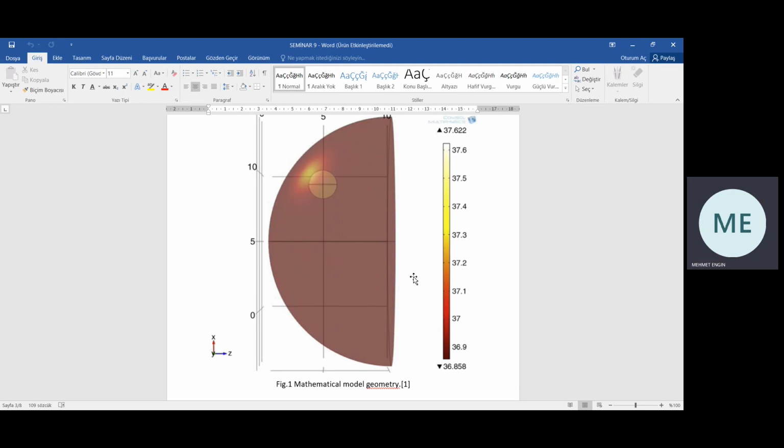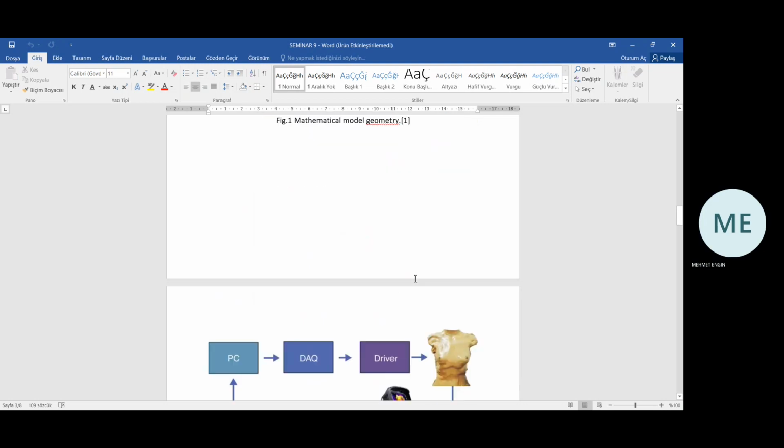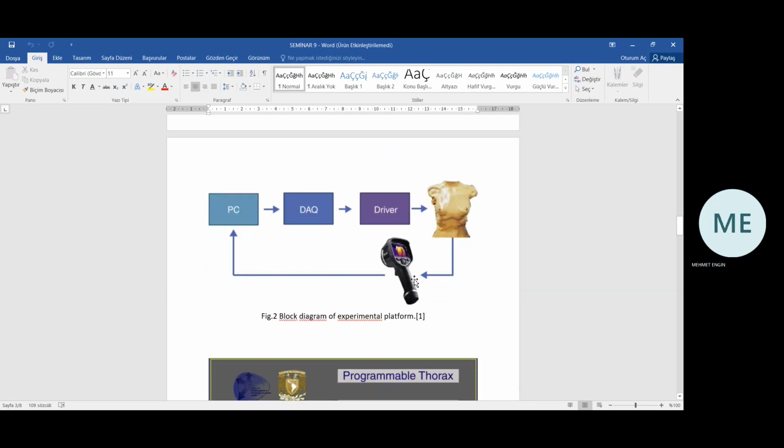Now, programmable thorax development. The experimental platform is given in figure 2. It consists of temperature measurements through the thermal camera, FLIR E40.